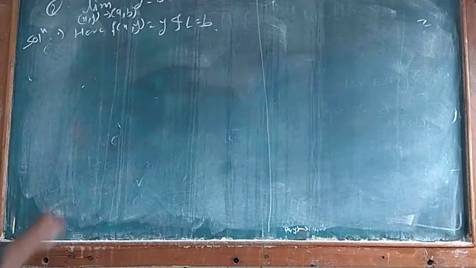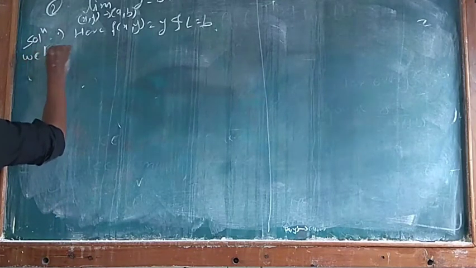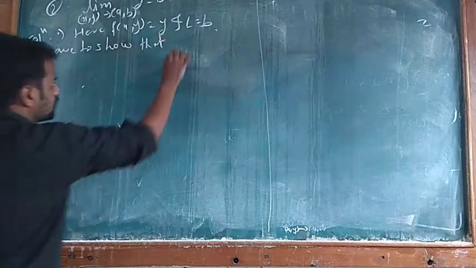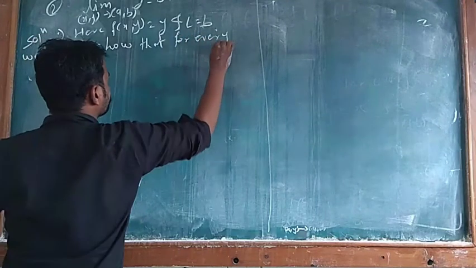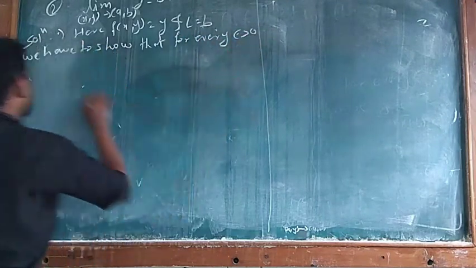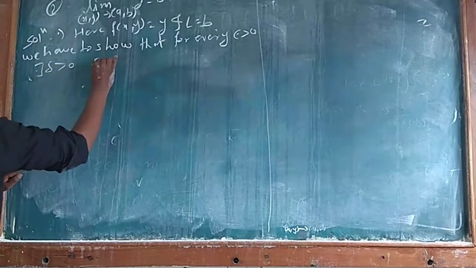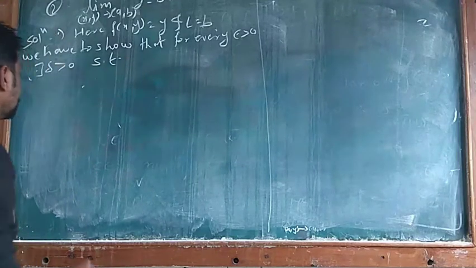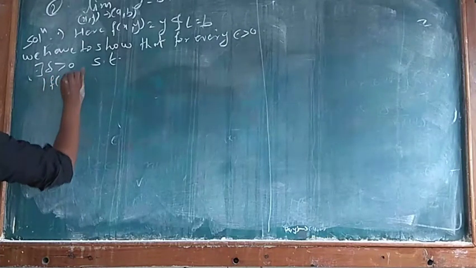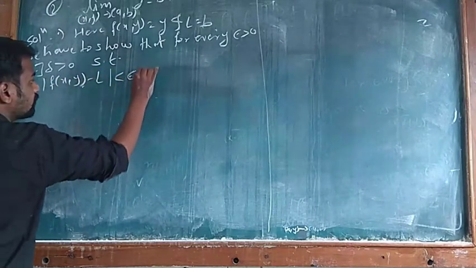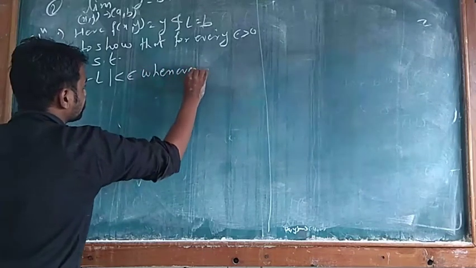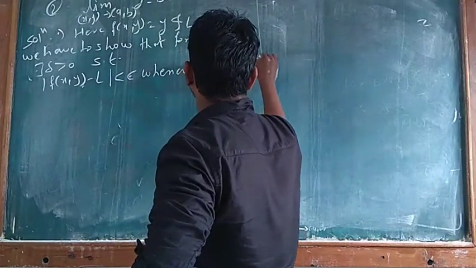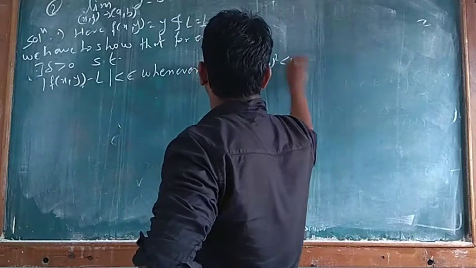And we have to show that for every epsilon greater than 0, there exists delta greater than 0 such that |f(x, y) − L| is less than epsilon whenever 0 < √((x − a)² + (y − b)²) < delta.